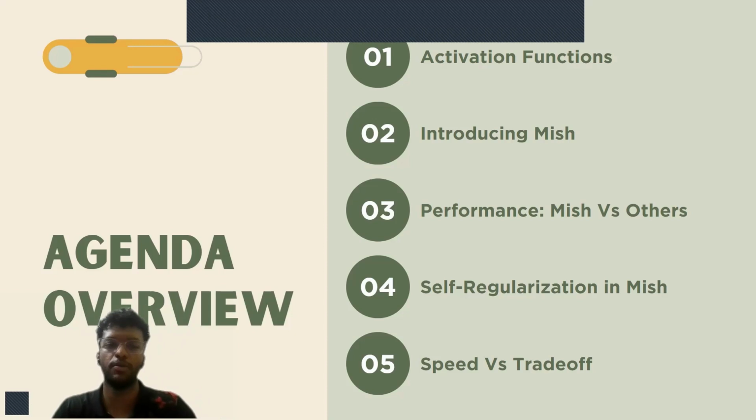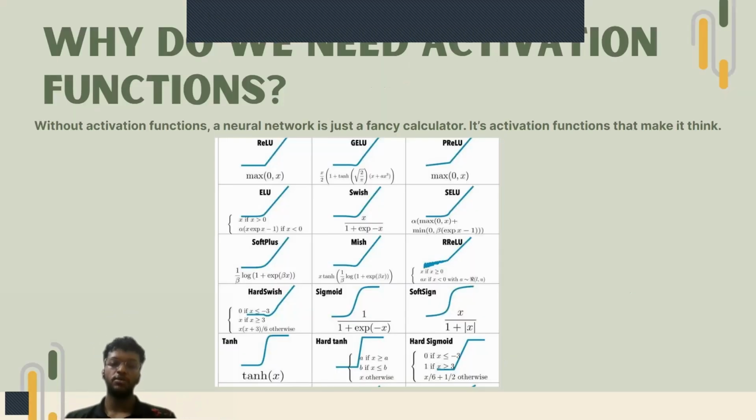Okay, so let's first understand why we even need activation functions in the first place. Neural networks without activation functions are like stacks of glass. No matter how many you add, you still see a straight line. So activation functions introduce curves and non-linearity that help our models capture the real world, understand patterns and sentiment, and classify objects and such.